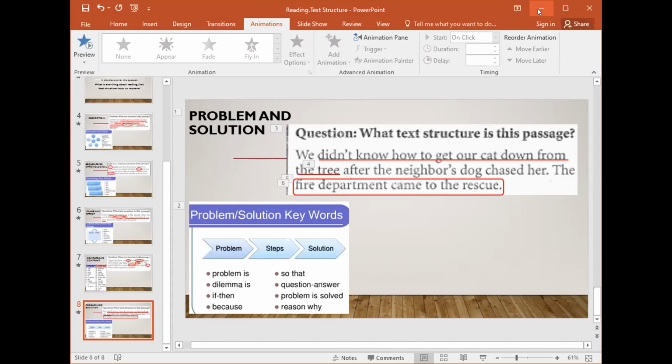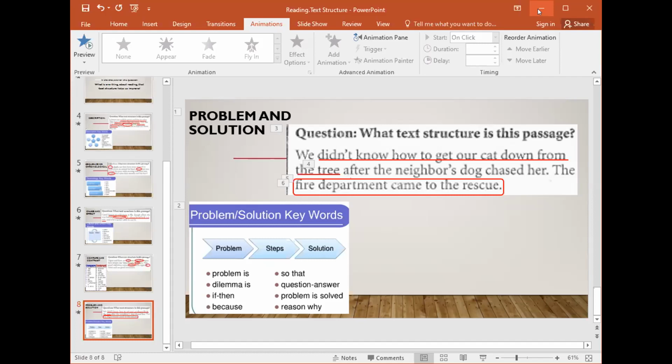So, what are you going to do? You're going to look for clue words. We have the word both there, and the word both is a clue word. Then we have another word that says both, which is another clue word. And then we have the clue words here.